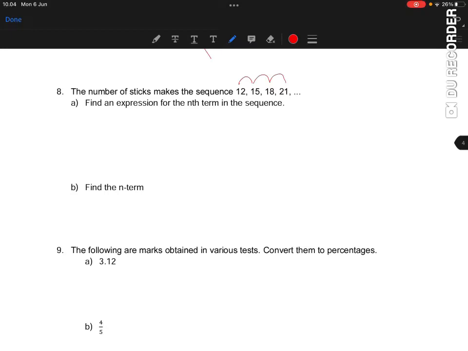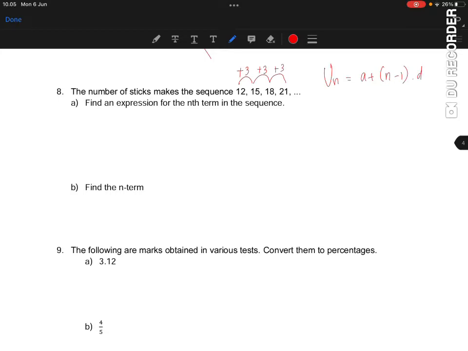arithmetic or geometric? If it is arithmetic, you will have the same difference here, which is +3. Don't worry guys, you can just use the arithmetic formula, which is un equals a plus n minus 1 multiplied by the difference.